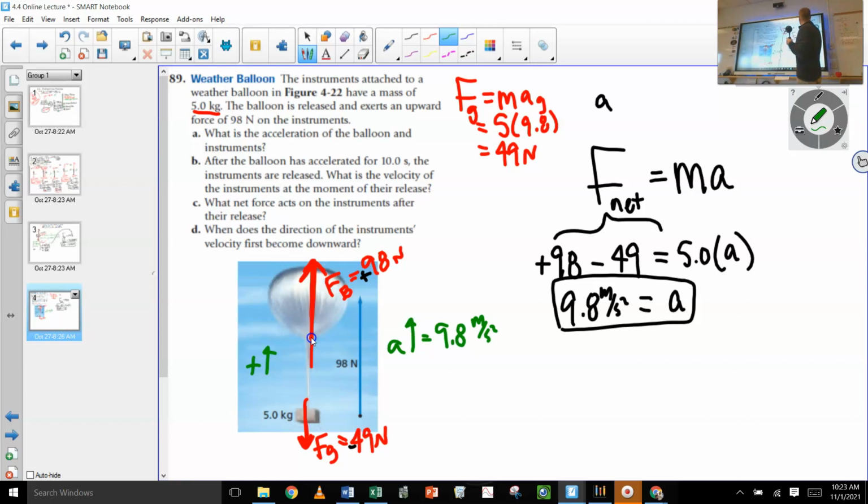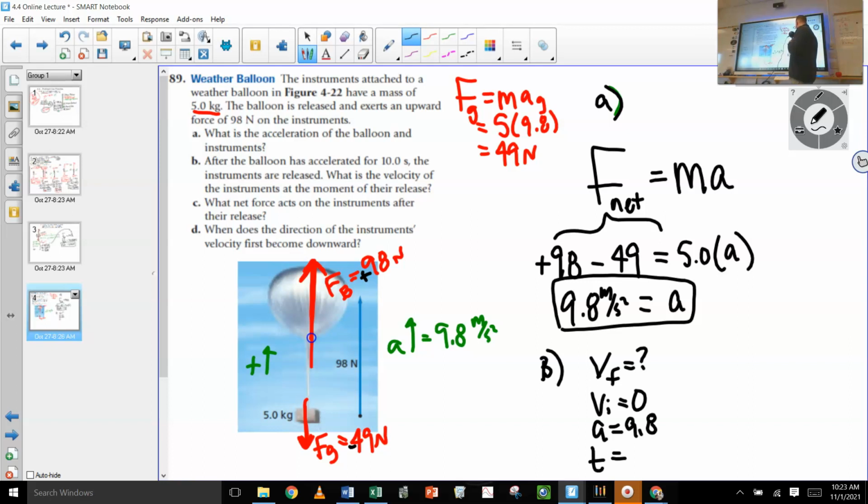Part B. It says after the balloon has accelerated for 10 seconds, the instruments are released. What's the velocity? Woo! How fast is it going? I'm assuming they release it from rest. The acceleration is a positive 9.8 and for 10 seconds.